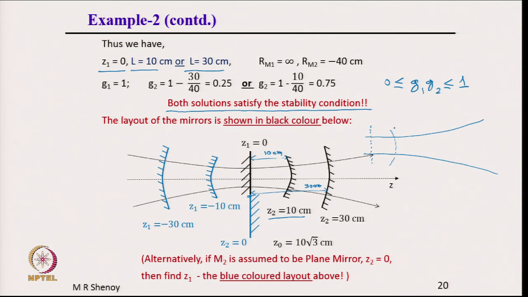At 10 centimeter, it has some radius of curvature, which is minus 40 centimeter, because Rm2 is minus 40 centimeter. It says at 30 centimeter also it has the same radius of curvature, 40 centimeters. So, this is R of the beam equal to 40 centimeters.